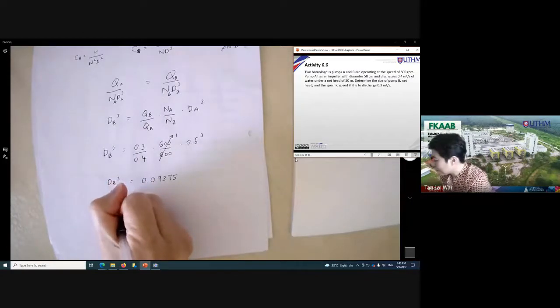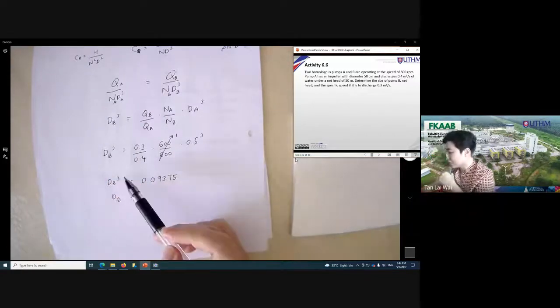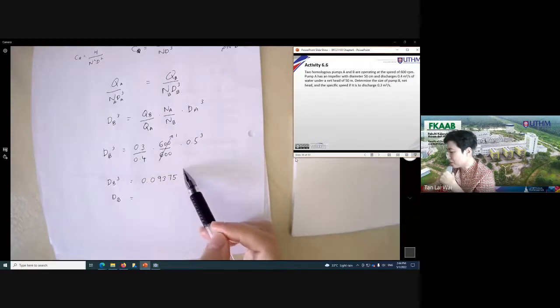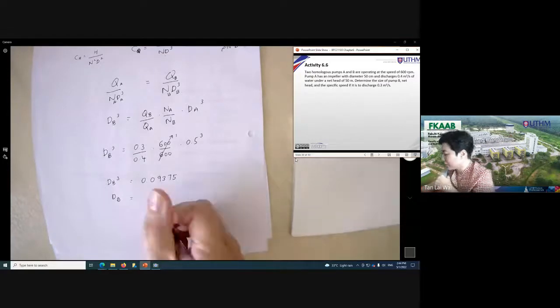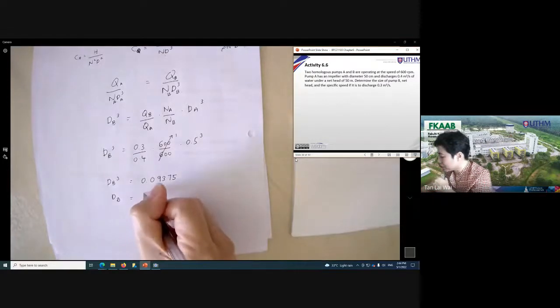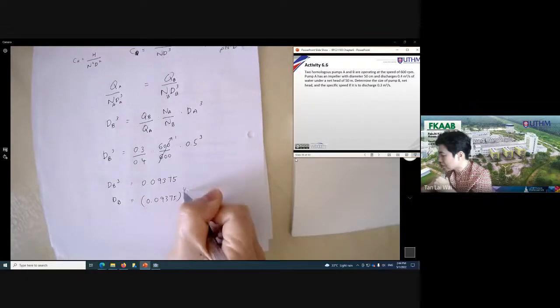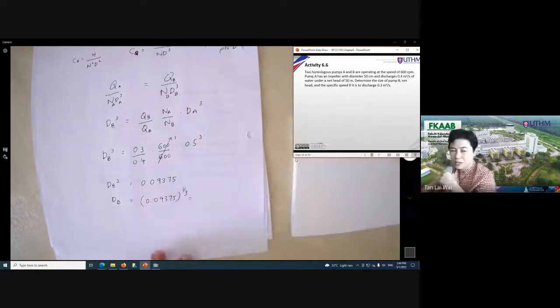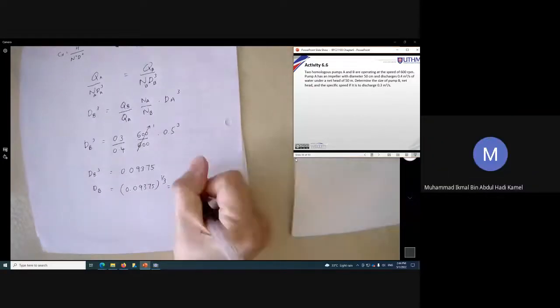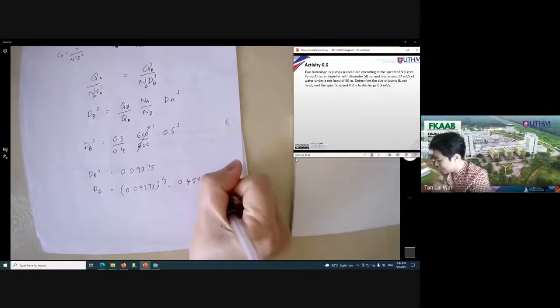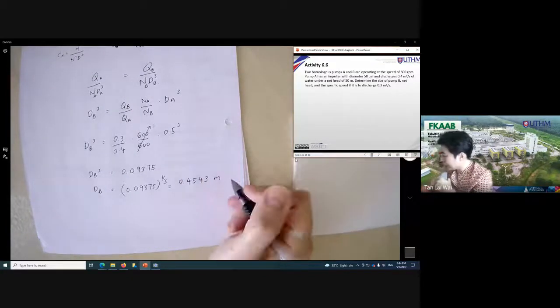So dB would, since I want to make this 1, I need to take the power of 1 over 3 as well. So this would give me 0.4543. Okay, thank you.